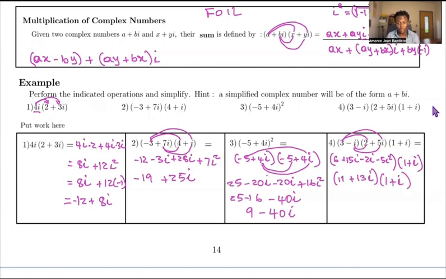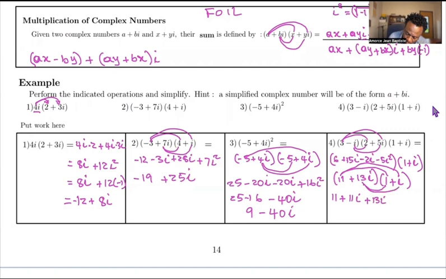So we're going to FOIL this one. 11 times 1 is 11. 11 times i is 11i. 13i times 1 is 13i.